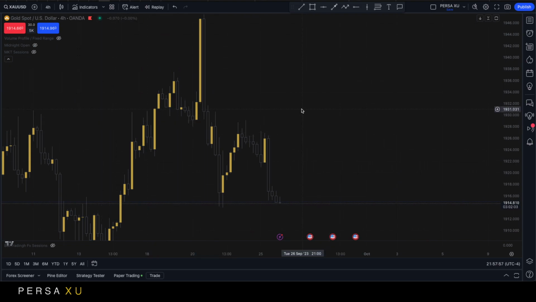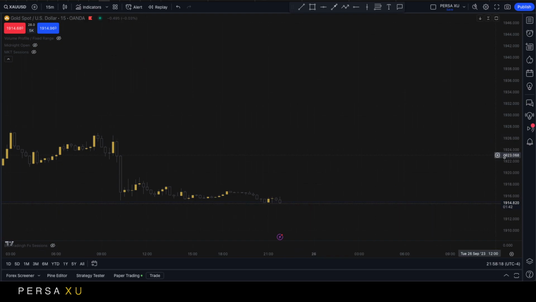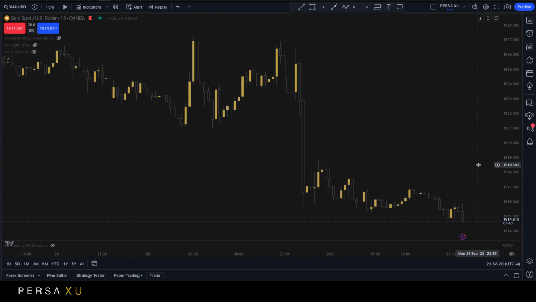I pointed out 5 reasons why we were going to sell gold and why it was showing us rejection right there. I did that on a daily chart, and I believe I went down to the 4-hour, and that's it. Now I'm going to go into the 15-minute chart, and I'm going to go here in the past.